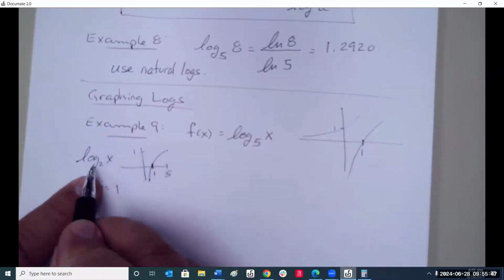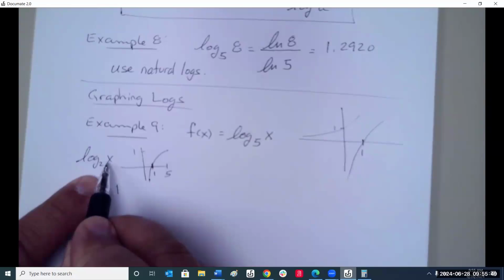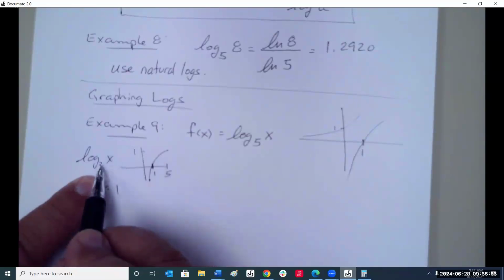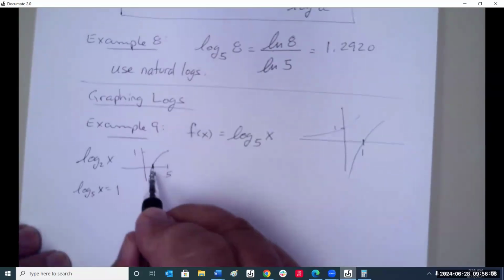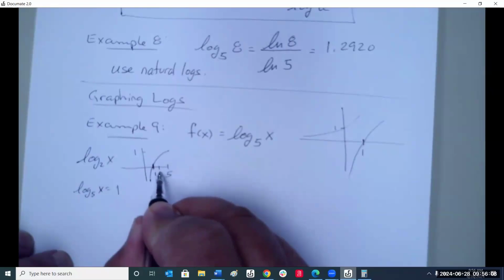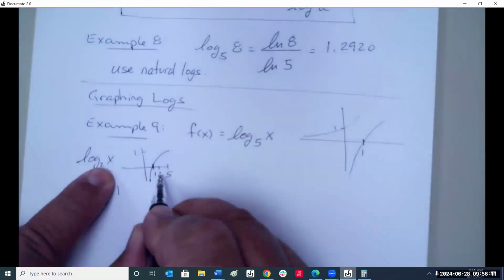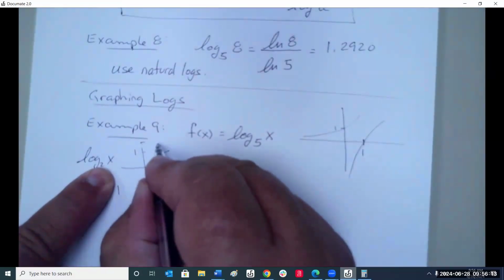If it's 5, log base 2 of 5 is what? 2 to what power equals 5? 2 to what power equals 4? 2. Yeah, so if it was 4 here instead of 5, then it would be 2.